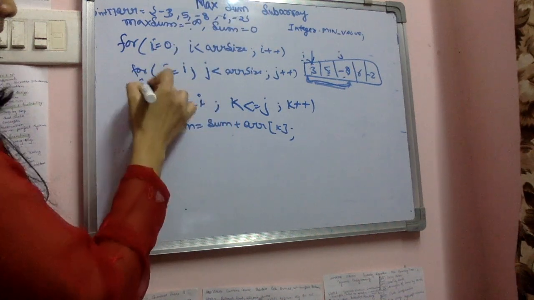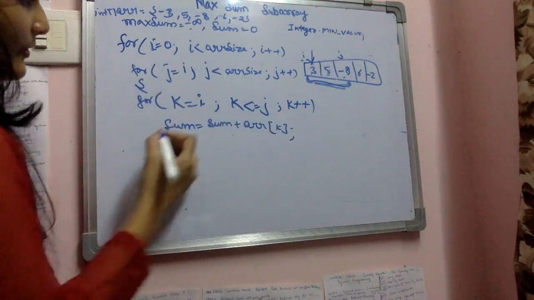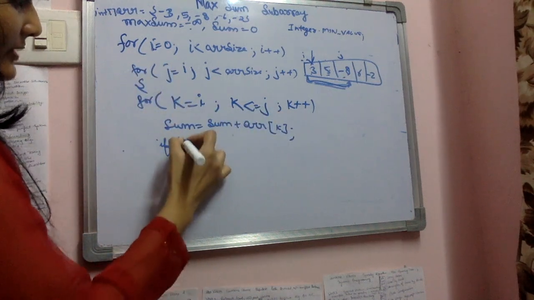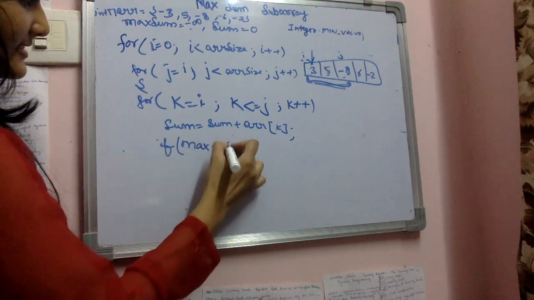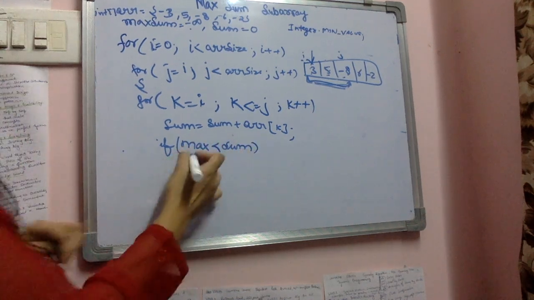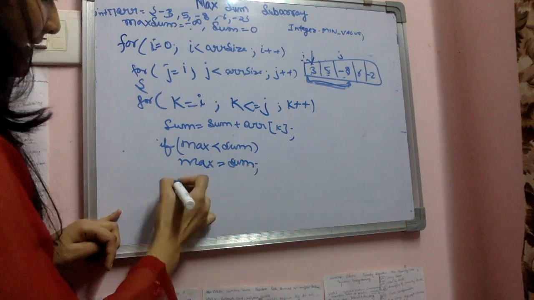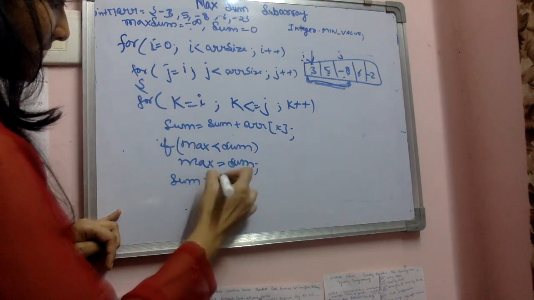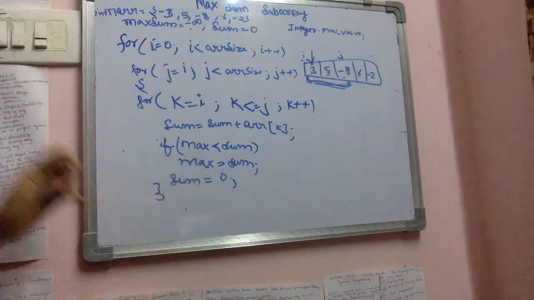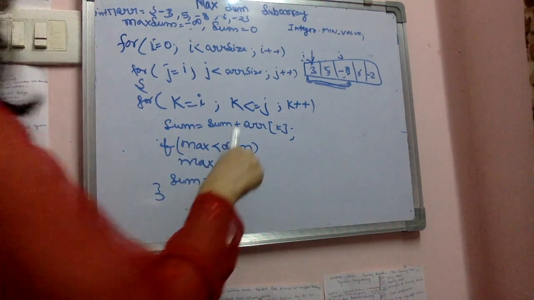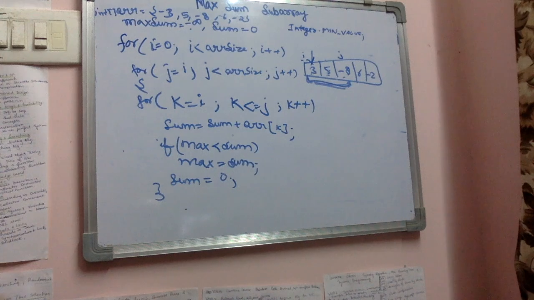After this we are going to put in a check: if our maxSum is less than sum, then we update the maxSum variable to sum. And now here we are going to clear the sum variable so that the next subarray can be added afresh.